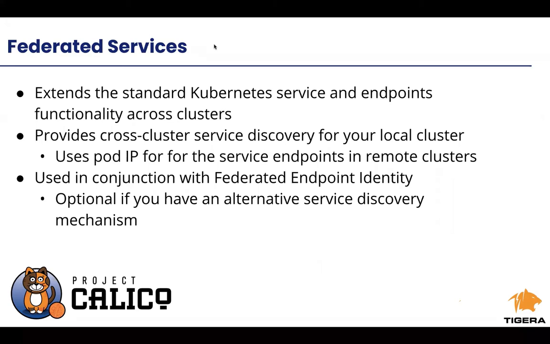One of the interesting points about the way Calico Enterprise Federated Services is implemented, as opposed to, I believe, the Kubernetes KubeFed federation, is that we use the pod IP for the service endpoints in the remote clusters, and because of that, we can apply network policy using the label selectors that select those pods. The packets come in, and we'll see the pod IP addresses.